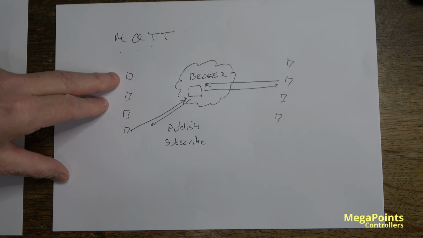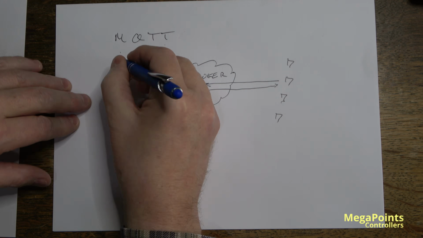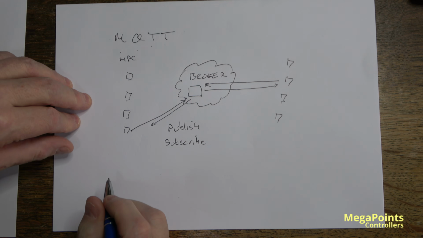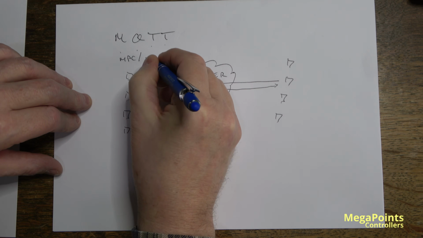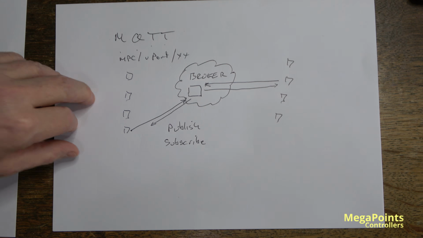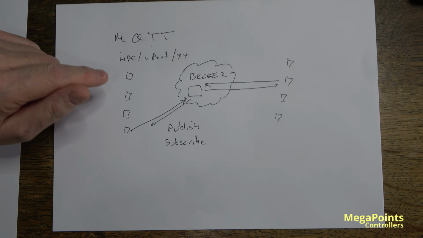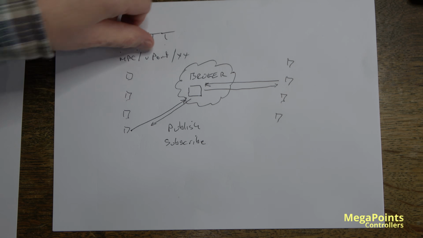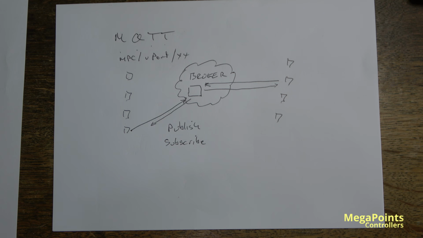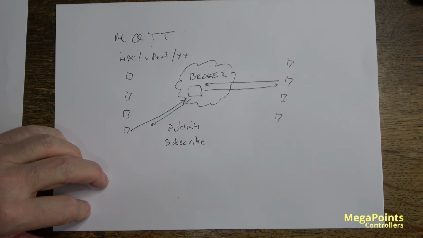Each topic in our case would be for our native protocol: MPC, MegaPoints Controllers, vport, and then the vport number. So a Servo 8 driver would immediately connect to 8 topics on vport 1, 2, 3, 4, and so on. So it's subscribed to the broker on the particular channels.